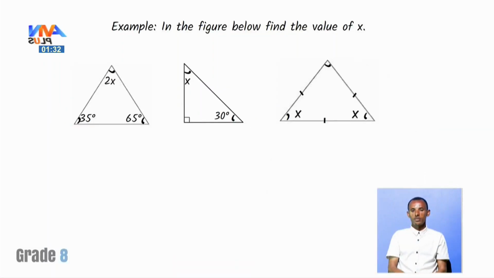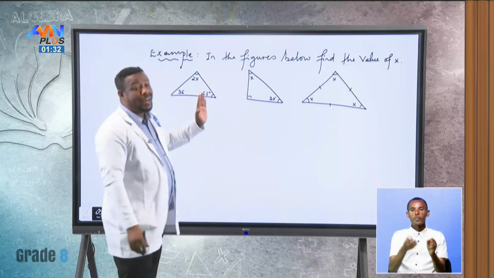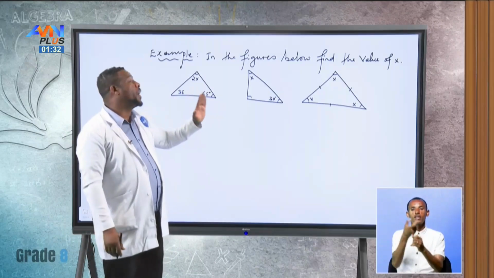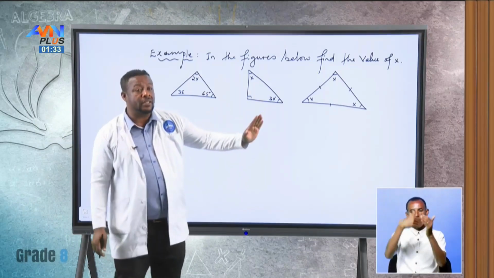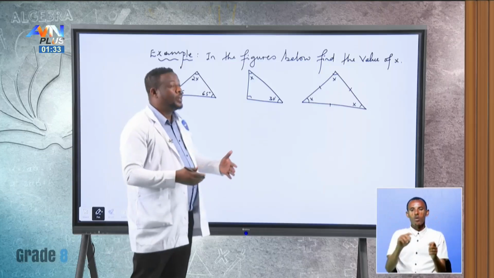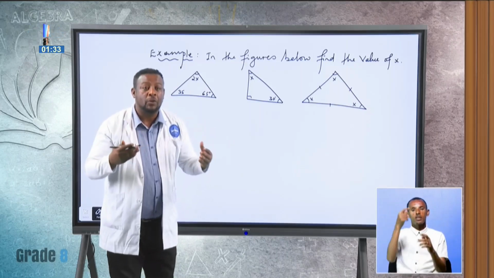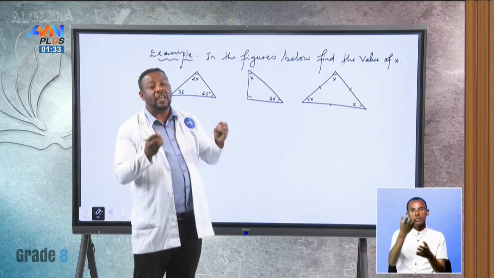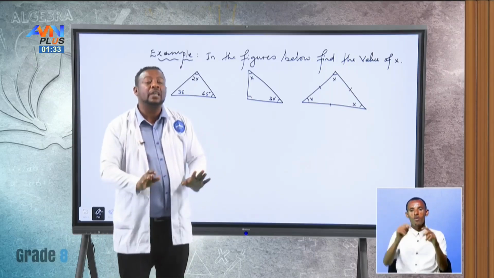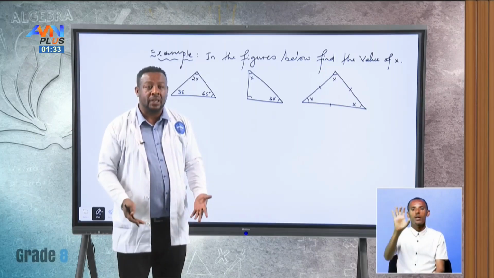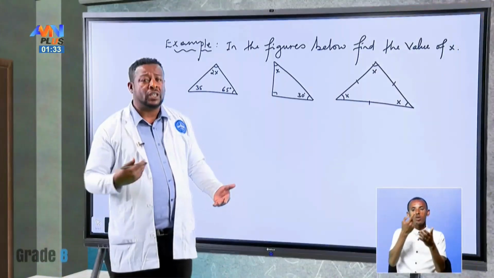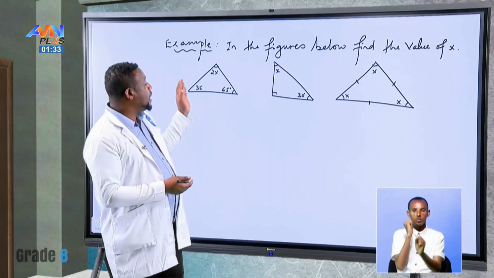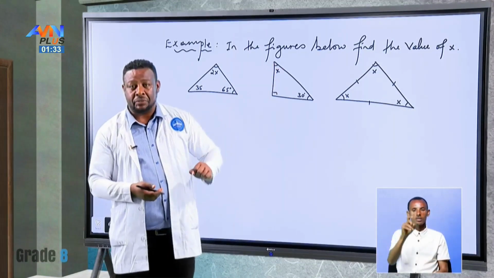So if you are asked to find the value of x in all these three cases, we need to apply theorem 5.1, the theorem that says the sum of the interior angles of a triangle is 180 degrees. This is the only thing that you can apply to find the unknown variables in this case, right?